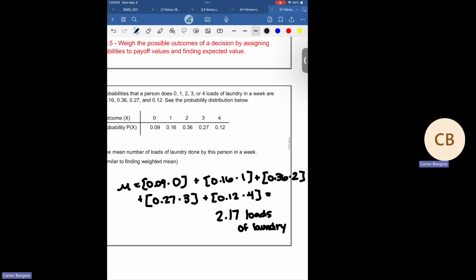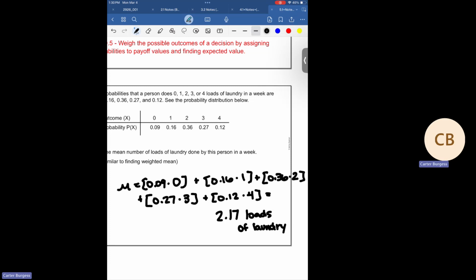Yeah, so rather than referring to a specific week, certainly if we were asked, hey, how many loads of laundry would we expect this individual to do? We might say 2.17, although again, that's a little bit nebulous because we wouldn't actually expect to see that value. But over a large number of weeks, we would expect the average amount of laundry to settle down at this 2.17.